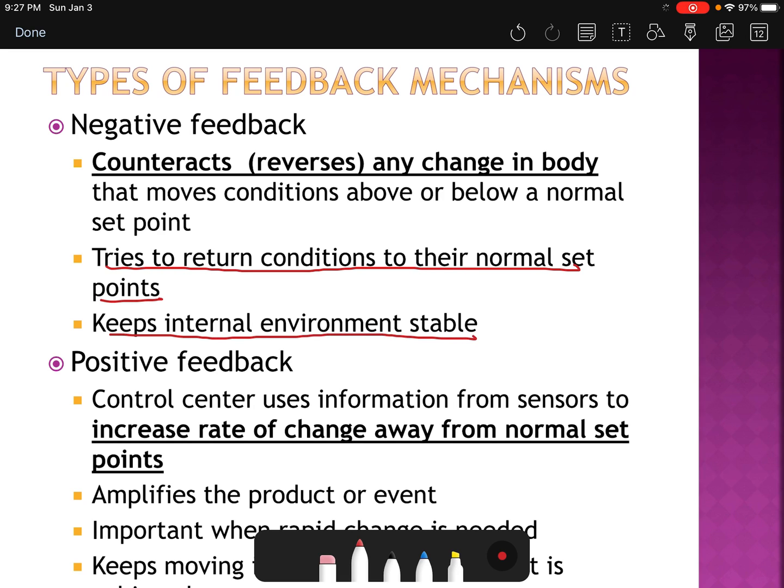So that's why most of your feedback loops in your body are negative feedback loops, because they're constantly working to try to maintain that homeostasis in your body. So anytime you see that your body's responding in some way to counteract the change, that's going to be a negative feedback loop.